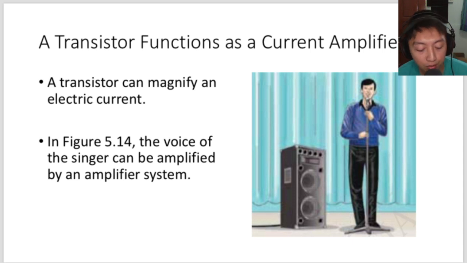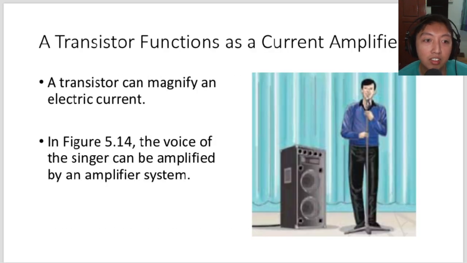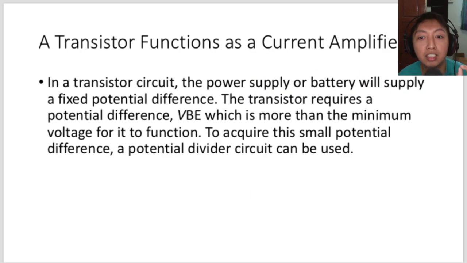When we turn the volume knob, we increase the amount of current that the base receives, and the base then will allow a larger current to flow through the collector circuit. So with a transistor, you can control exactly how much current you want to flow, unlike a switch, which is either on or off.